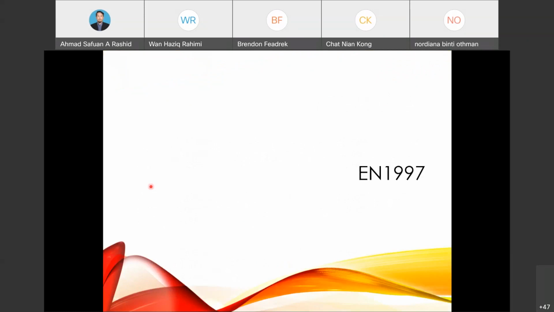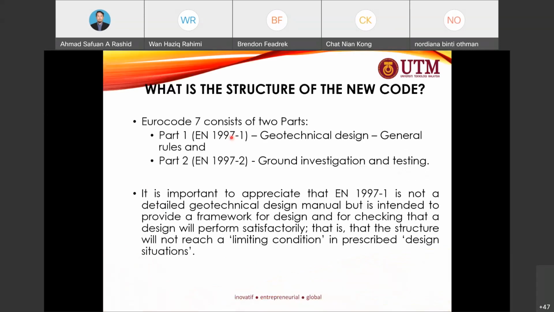So that is for Eurocode 1990. Now we look at Eurocode 1997. Eurocode 1997 consists of two parts.